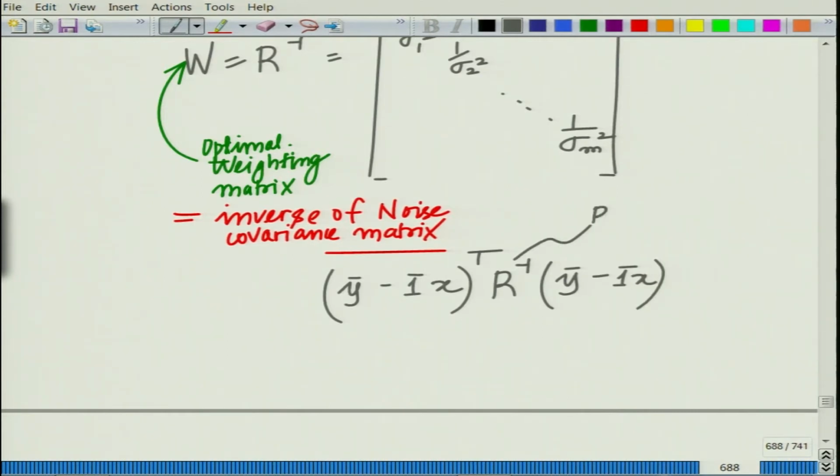So this R inverse equals W, which now becomes your weighting matrix. For this least squares problem, the weighting matrix is the inverse of the covariance matrix.